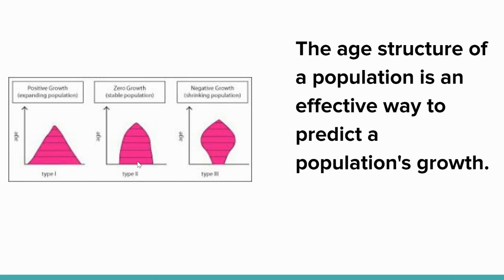In the middle one, notice how every line is pretty close to being the same. So that's zero growth. That means it's a stable population. For a negative one, notice how as the age increases, it's bigger than when the age is smaller. That would show that we have a shrinking population and it's negative growth.